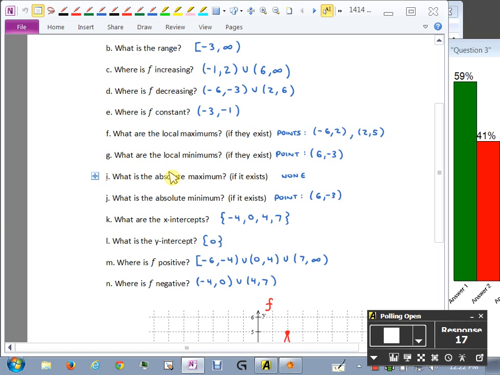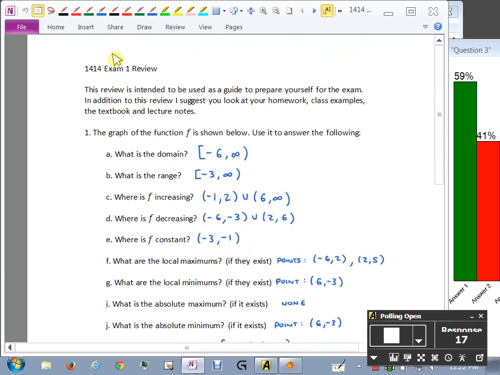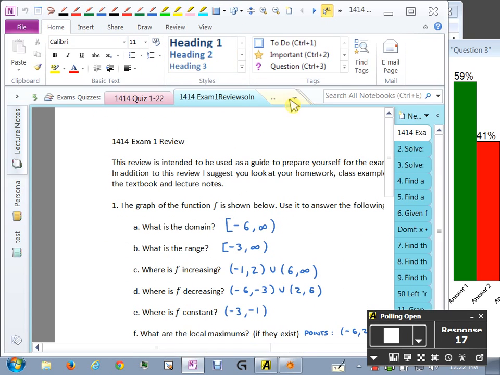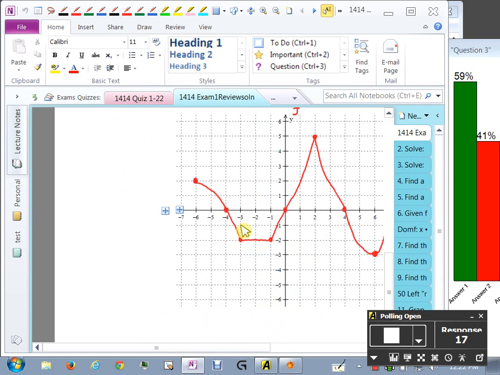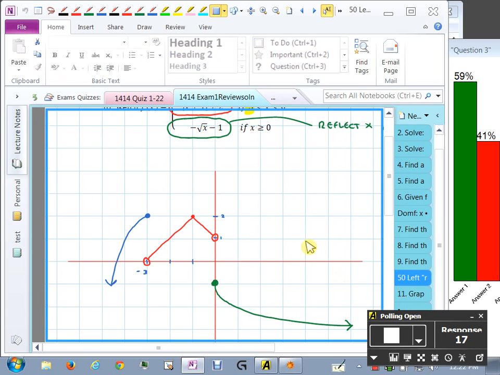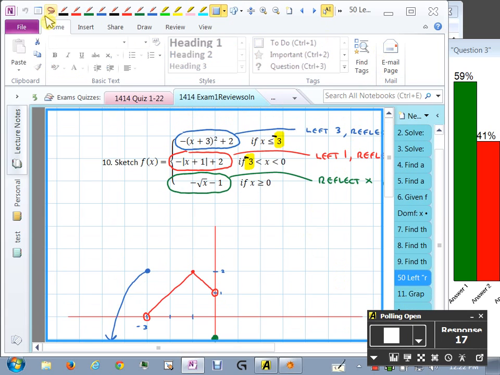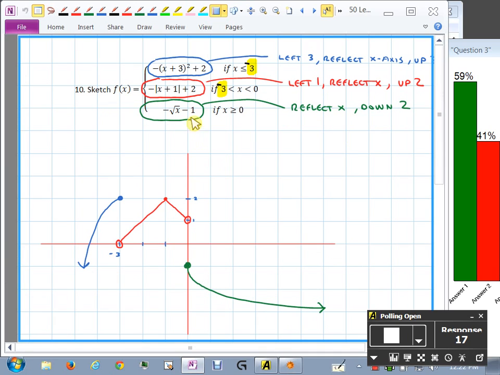For number 10 on the review, it says to sketch these 3 functions. One is two sketches, because the homework says to get the domain and the intercept.